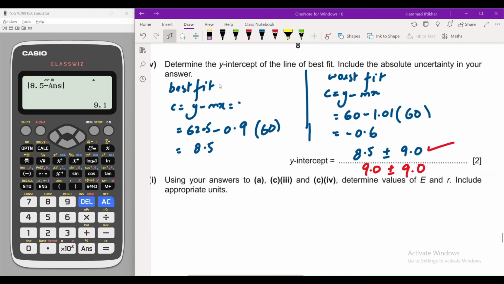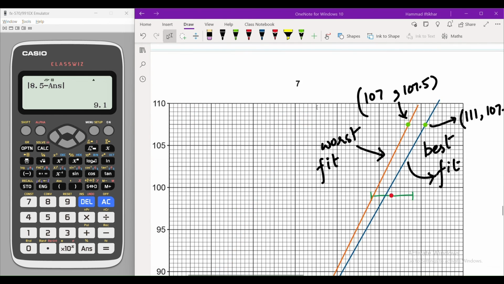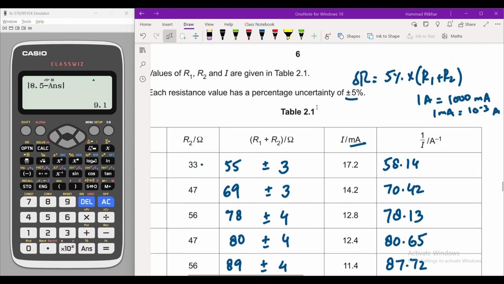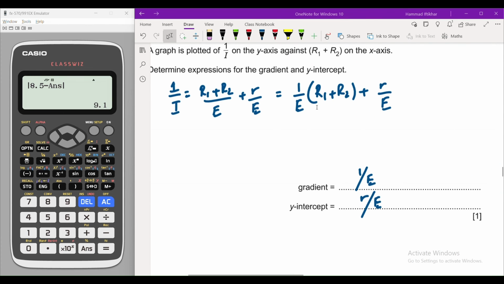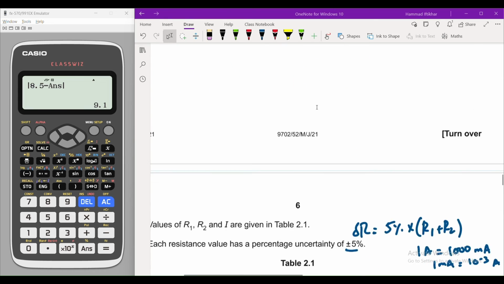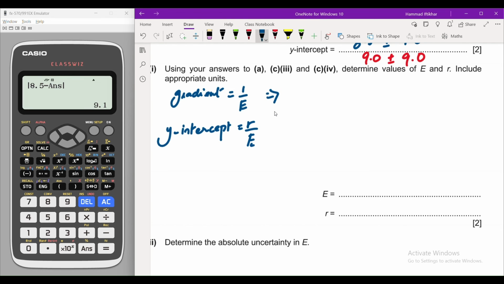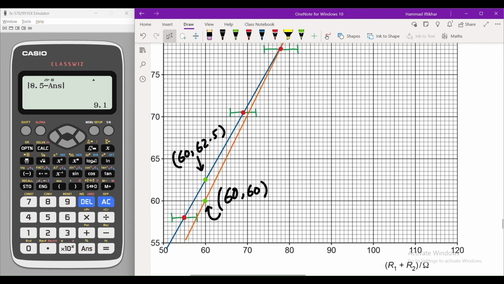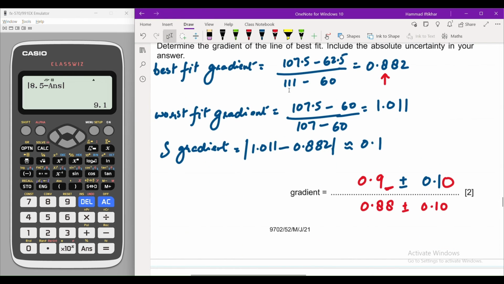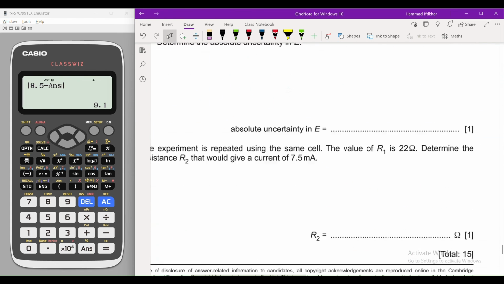Going back to E and R: 1 over E was the gradient, and the y-intercept was small r over E. The gradient was 0.88 or 0.9, let's choose 0.9.